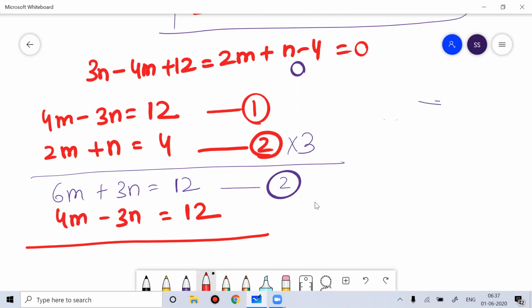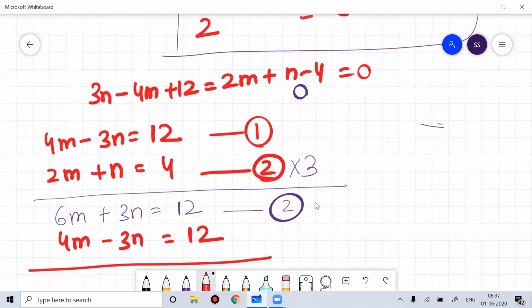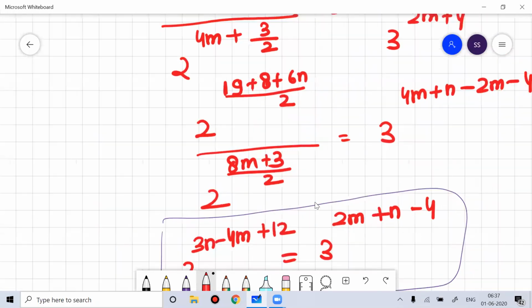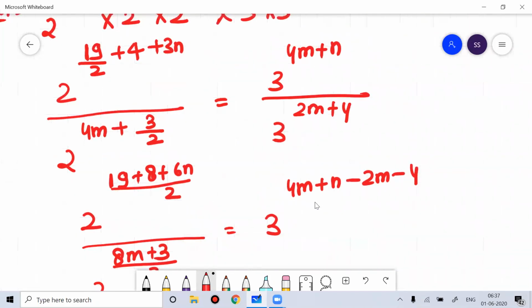So 2m, 3n minus 4m plus 12 is equal to 0. Here you saw the relation.